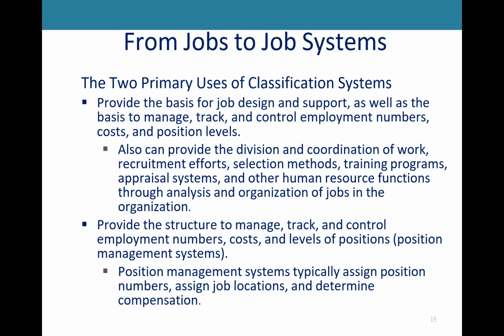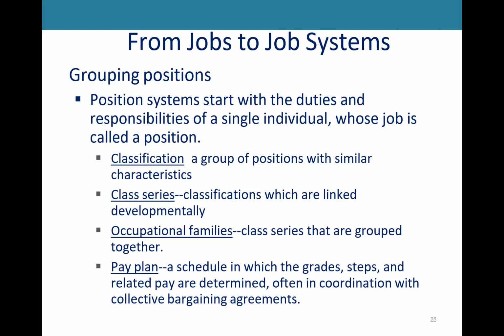They allow us to assign position numbers to different types of positions, assign different job locations, and most notably, to then assign compensation to these different positions within our position classification system. And that's one of the primary uses of a position classification system, so that we can assign the compensation for different jobs that makes sense given the work that's being done in each of those jobs. Again, it allows us to abide by things like the Equal Pay Act and equal pay for equal work.